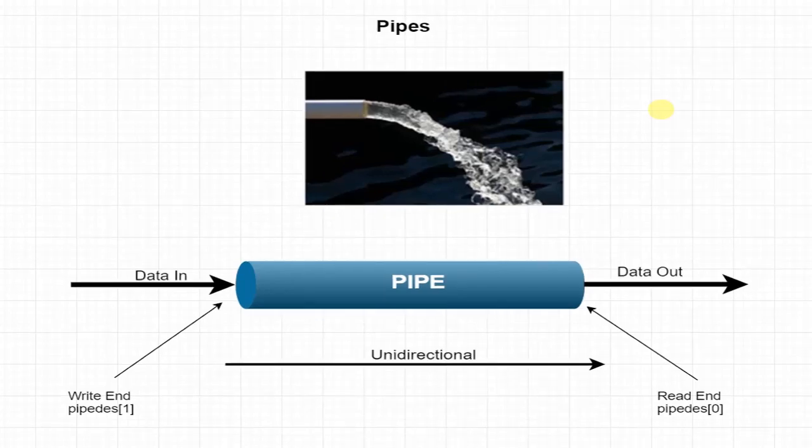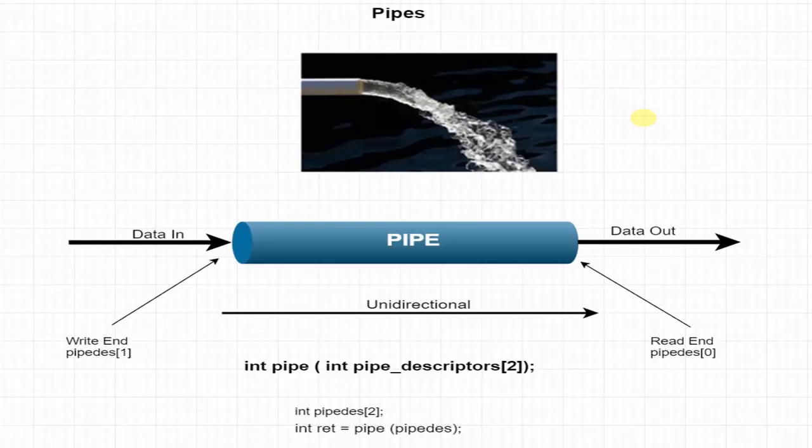These pipe descriptors are created by the pipe system call. So these are basically normal integers. These are two normal integers which act as the pipe descriptors, similar to the file descriptors. The pipes are created by the pipe system call, which takes an array of two integers, and creates a pipe with two ends, which we call pipe descriptor of 0 and pipe descriptor of 1.